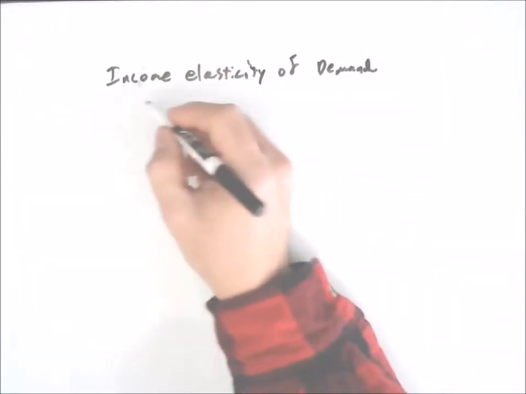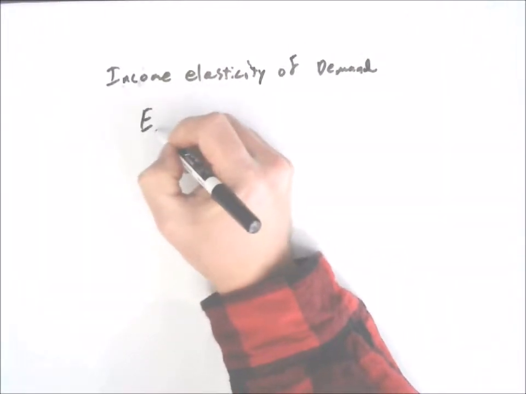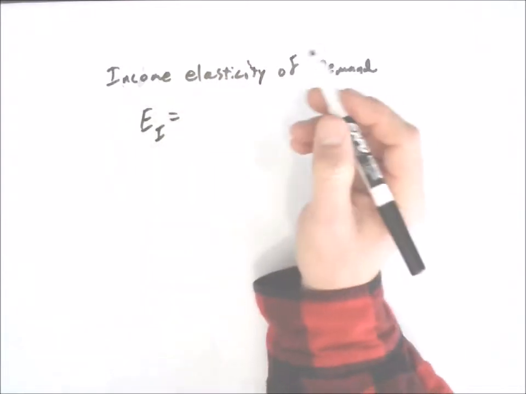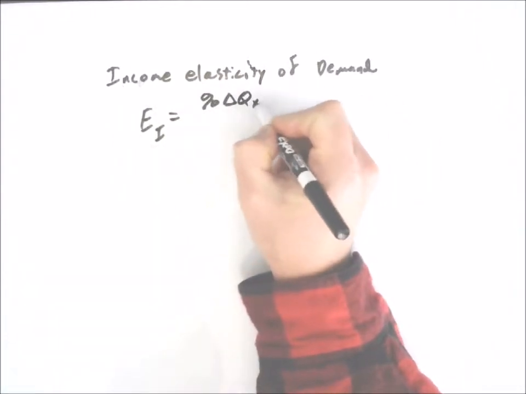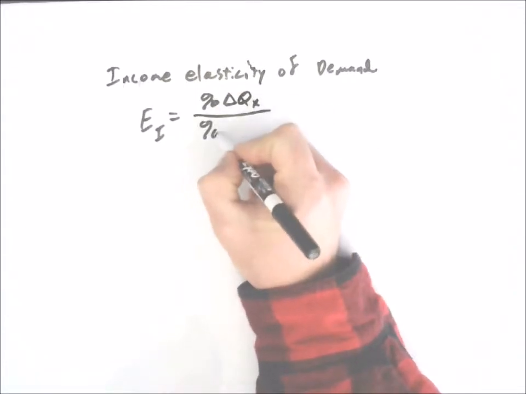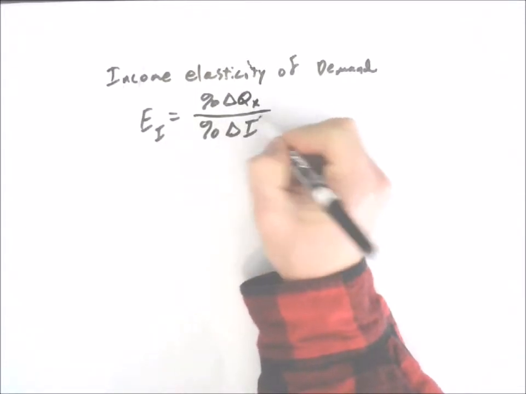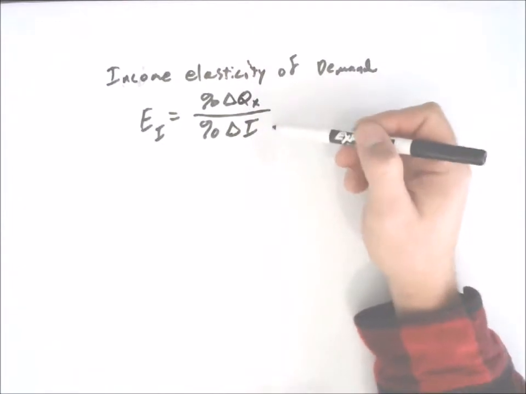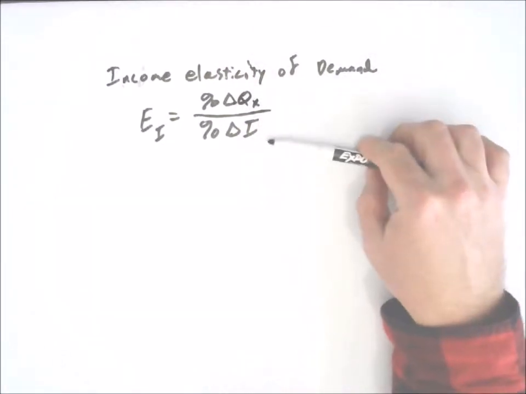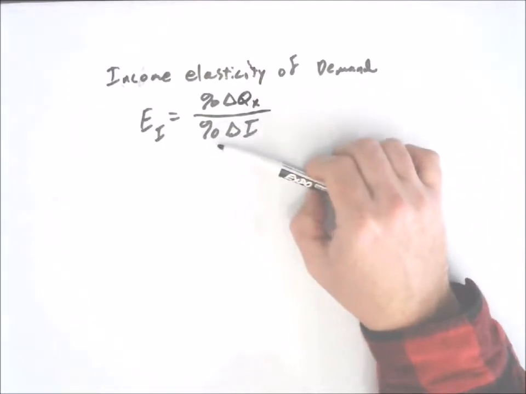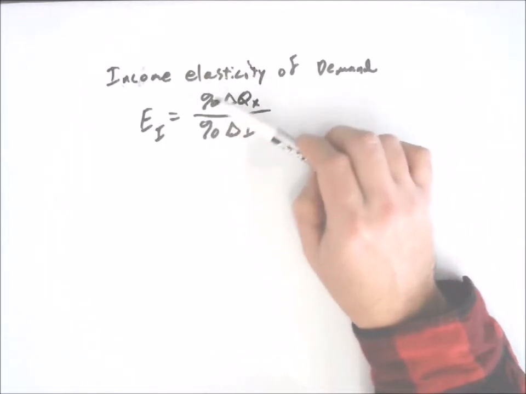Income elasticity of demand is usually represented by E sub I equals the percentage change in Q sub X divided by the percentage change in I, where I is income. This is essentially asking, if I change incomes by some percentage, how much does the demand for the product change?